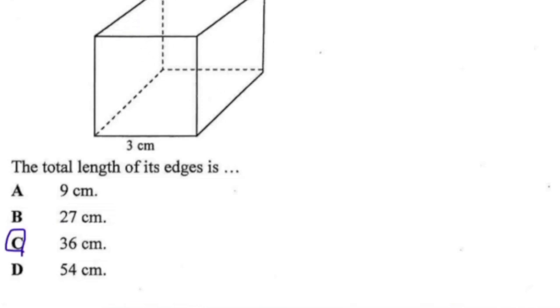Because here there are 4, and here there are 4. Then plus these 2, 10, plus these 2, 12. So there are 12. So we multiply 12 by 3, and we get the answer, which is 36. So the way I calculated is correct, 36 centimeters.